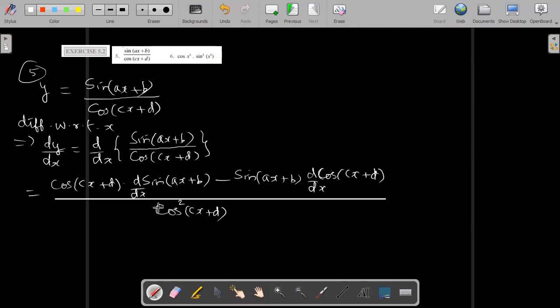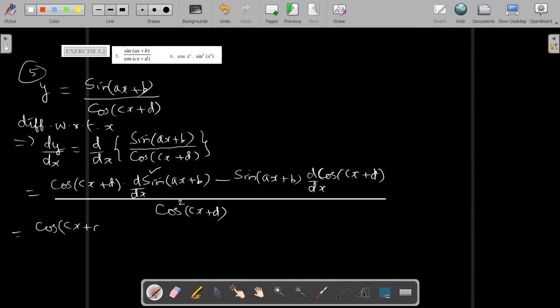Okay. Now the chain rule for sine ax plus b. I told you this is a chain rule. First of all, outermost is sine, so you have to find the differential of sine first, then you will go inside.